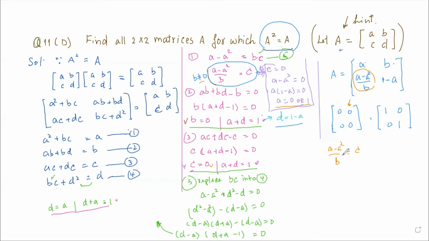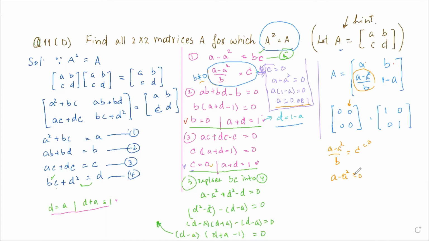So if C equal to 0, then A minus A square is going to be equal to 0 also.